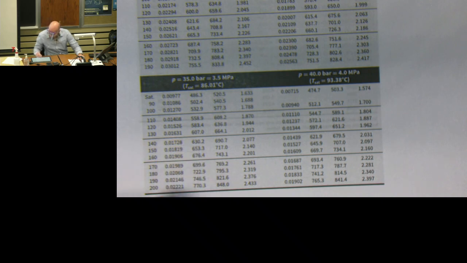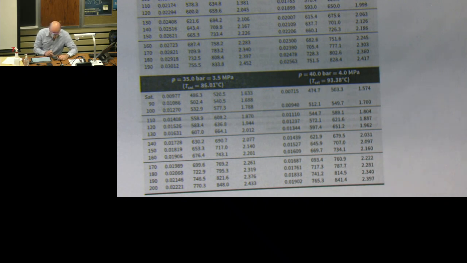That's going to equal 625 minus 607.0, all over my unknown specific volume minus 0.01631. Again, this is not the only way to do the interpolation. This is one of many ways to do the interpolation, but that is what I used to do this.